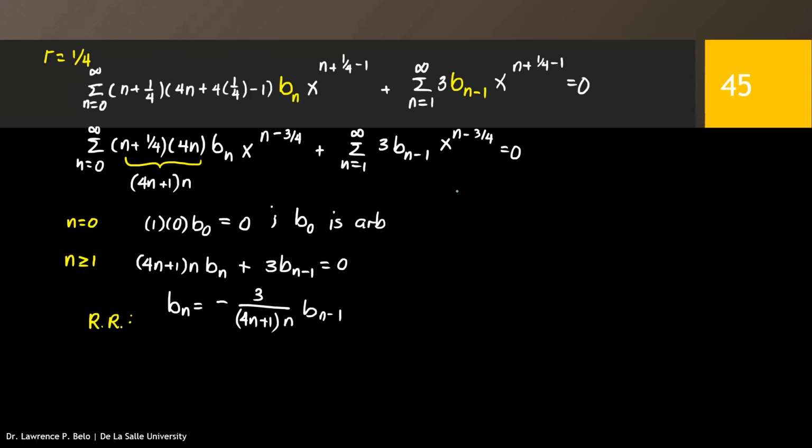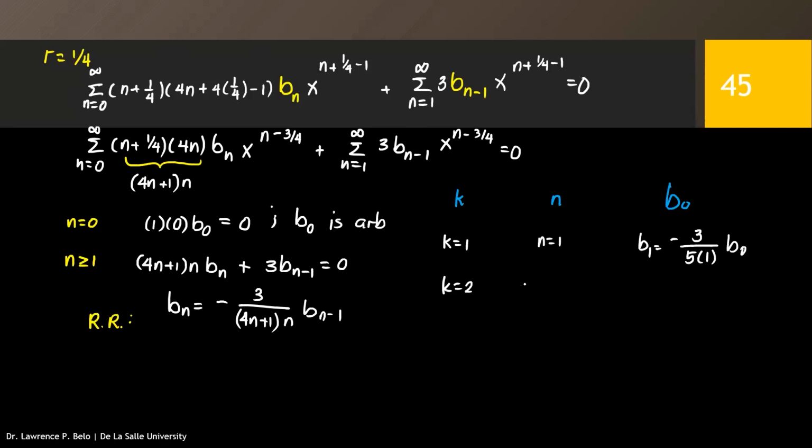And then again, similar to what we did in front, let's just write here, instead of i, let's just write k, and then our n, and then our b sub 0, because there's only one arbitrary constant, b sub 0. So when k equals 1, n is also equal to 1, b sub 1 is negative 3 over 5 times 1, b sub 0.